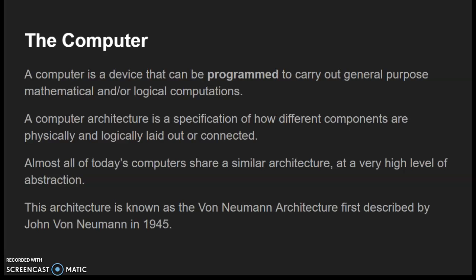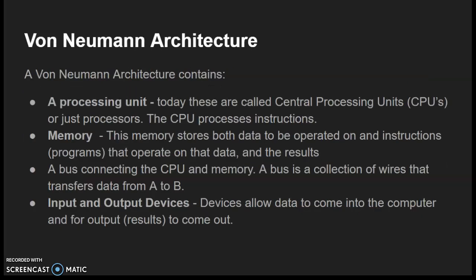So, the architecture is known as the von Neumann architecture, and it was first described by John von Neumann in 1945. This John von Neumann fella was an American-Hungarian computer scientist, an absolute genius. The von Neumann architecture contains four key things.